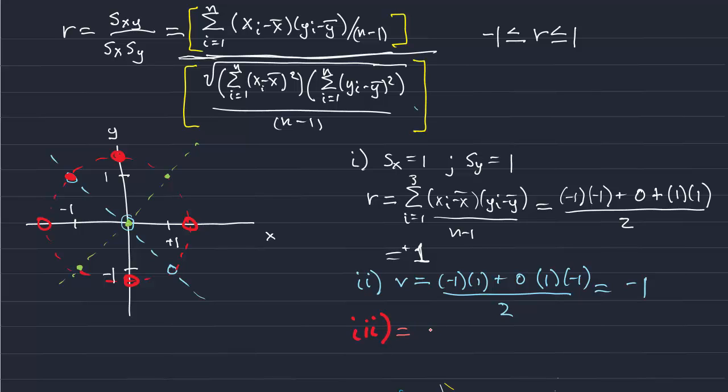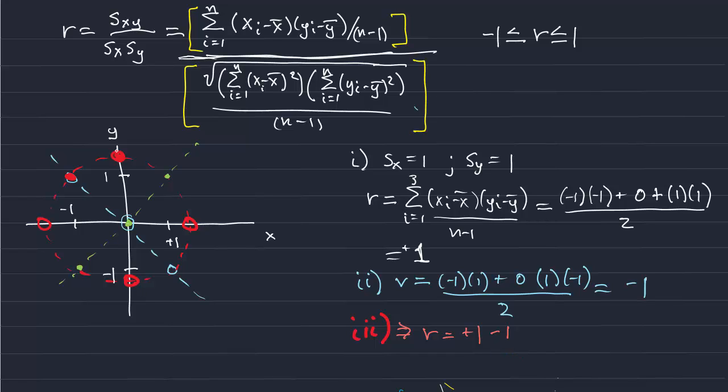In that case, r is equal to plus 1 for the green data points that we looked at, and the blue data points give us the minus 1.